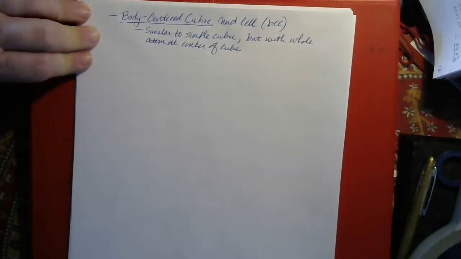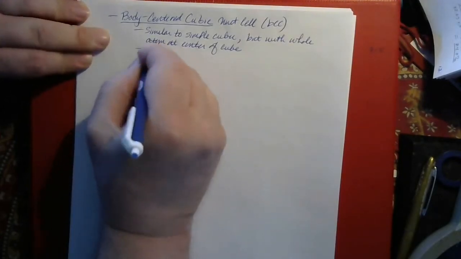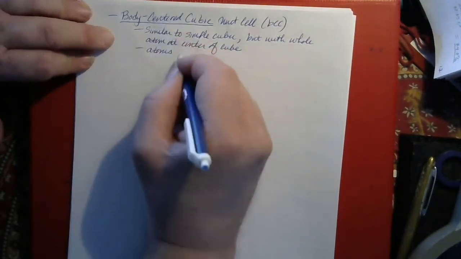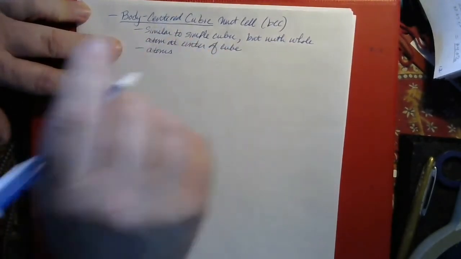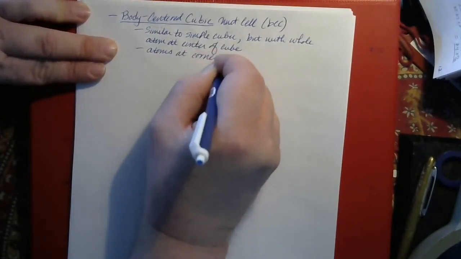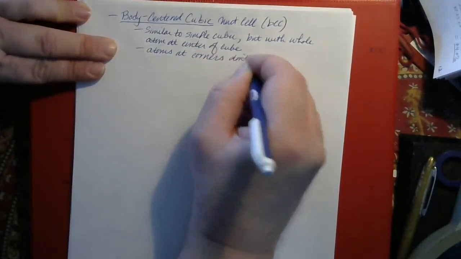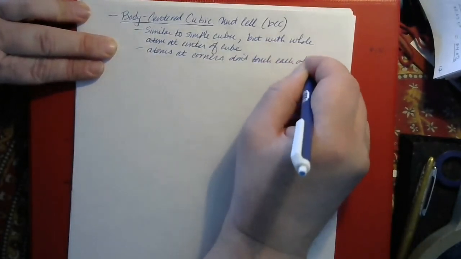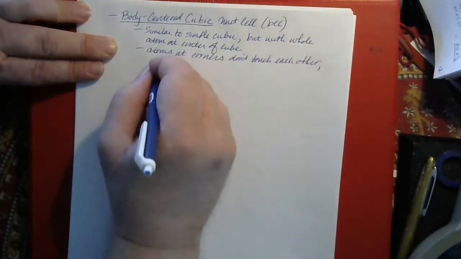There's a whole atom within the cube this time, plus the ones at the corner. And because there's an atom at the center of the cube, the atoms at the corners don't touch each other, but they do touch the atom in the center.